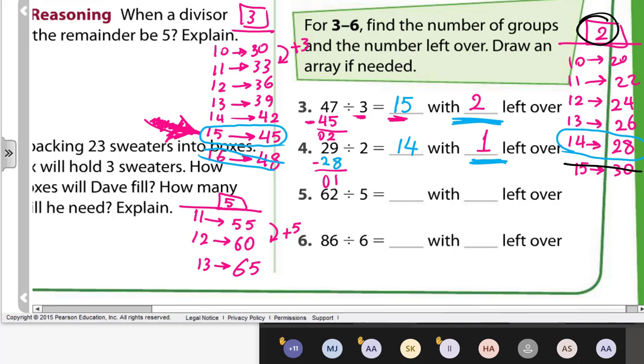We are dividing 62, so we cannot use 65. So we will choose 12 times 5.